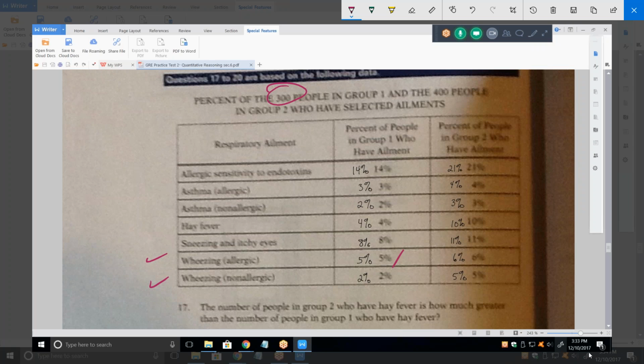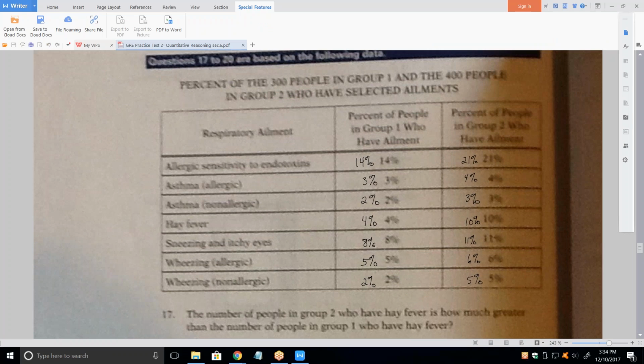Oh, we're down there. I was looking at asthma. Okay, sorry. And then the number of people that have non-allergic wheezing is how many? So 15 for the wheezing, and the non-allergic would be 6. So we got 15 to 6.